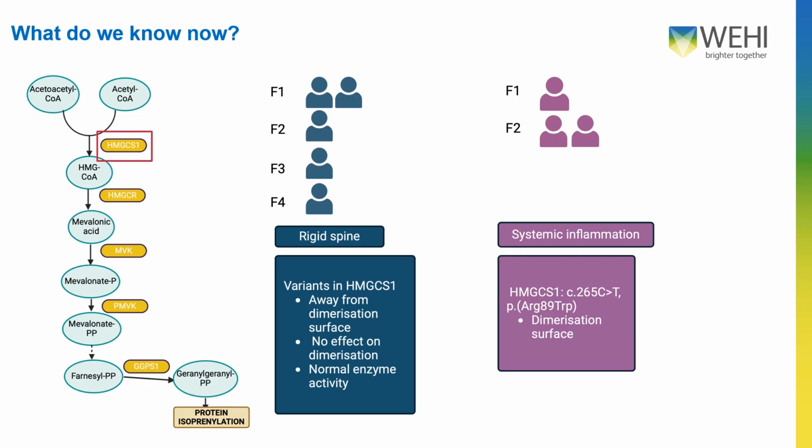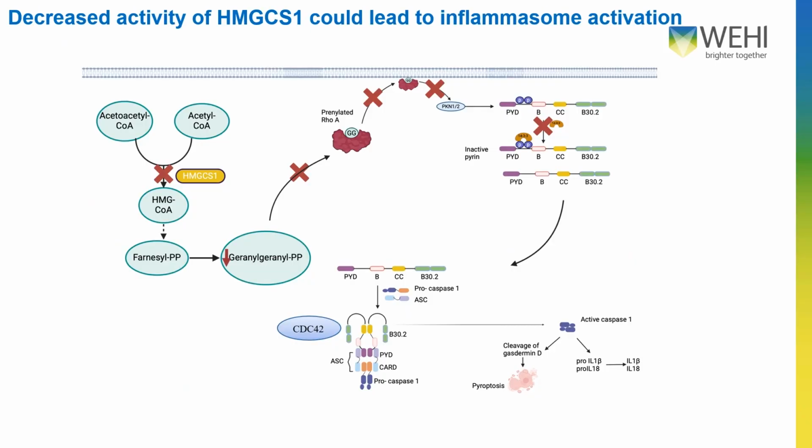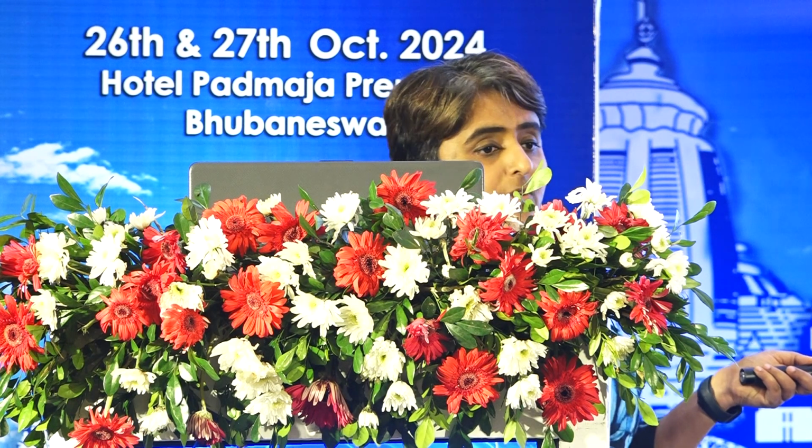So our hypothesis was this variant in the dimerization surface is affecting the activity of HMG-CS1, and as I said earlier, when HMG-CS1 is deficient, it will result in a decreased amount of geranyl pyrophosphate, which will decrease the prenylation of RhoA, which keeps pyrin in check.